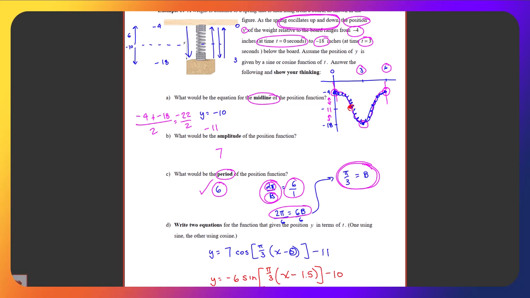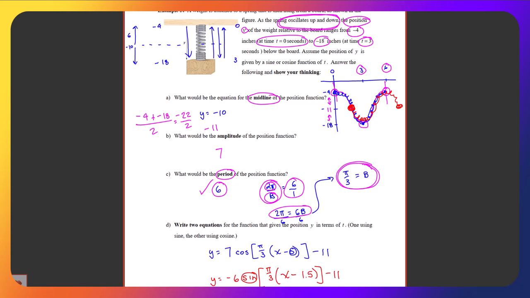I'm going to take this point for my sine graph, or sine equation, and it's going to go down, up, and back down again, and it'll end up here. But I can use cosine's graph because the midline is going to be the same. That'll be -11. And the period is still going to have the same b value of pi over 3.